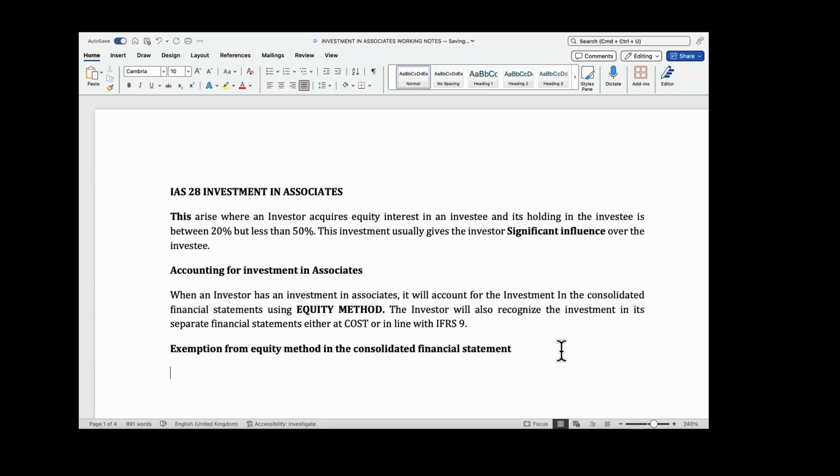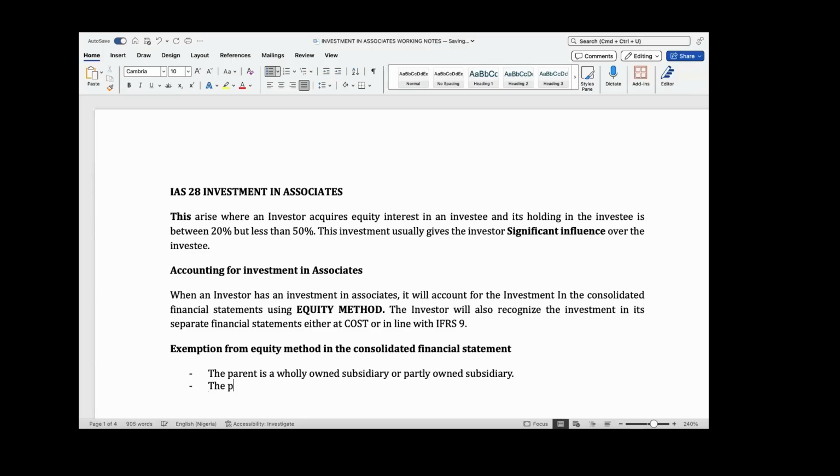If you remember, I gave you like 4 or 5 situations. Number one, I told you that where the parent is a wholly owned subsidiary or a partly owned subsidiary, which means that its own parent will prepare the consolidated financial statement.